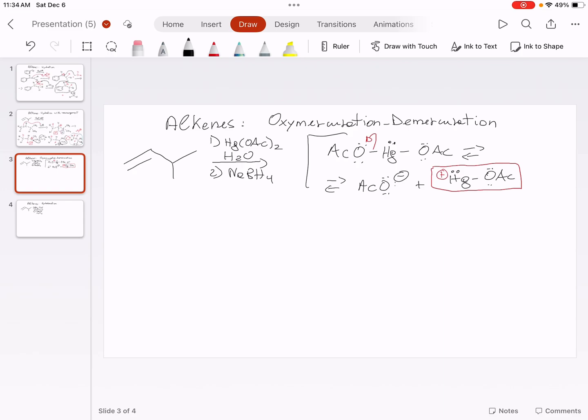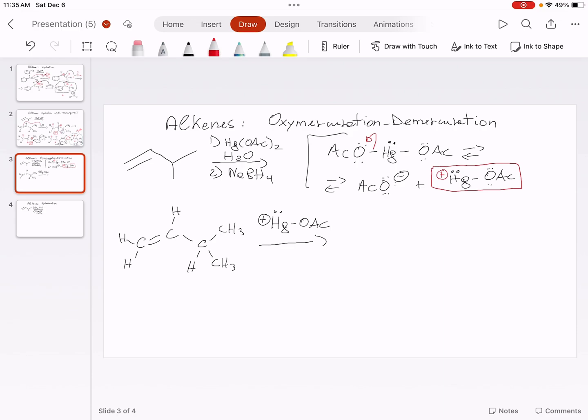Now, as usual, I'm going to draw the alkene as a Lewis kind of structure because I want to see what's going on around the double bond. The substrate would normally be subject to rearrangement. So this is going to react with the mercury acetate, this ion, and this is how the reaction goes.